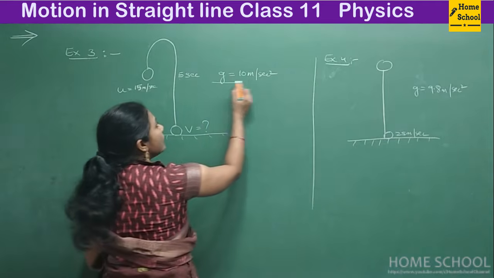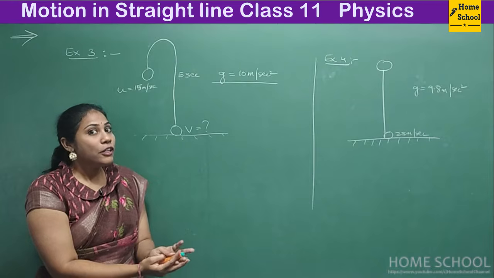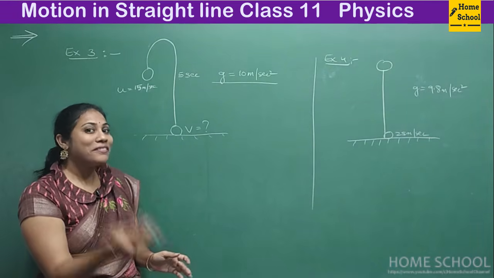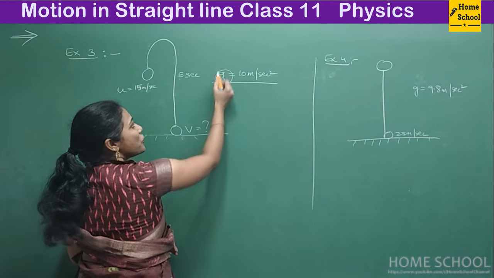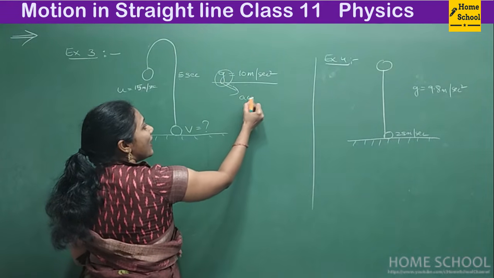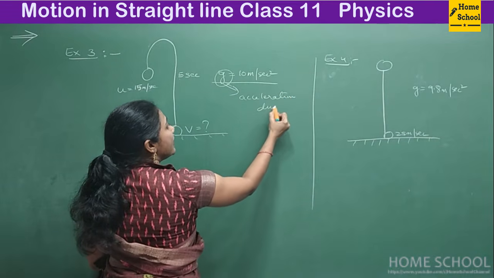You see here, the ball went up and it is coming down, right? So what is the acceleration here? You have to consider acceleration due to gravity. What do you mean by this g? This g is nothing but acceleration due to gravity.